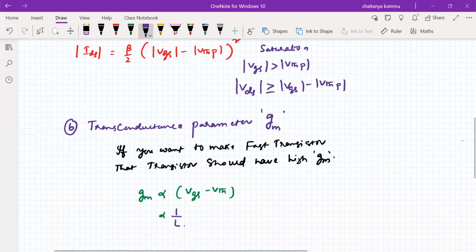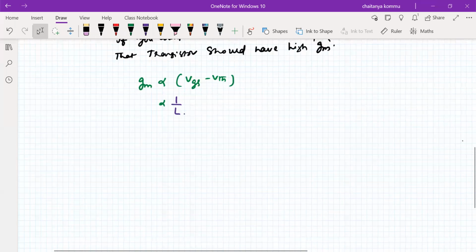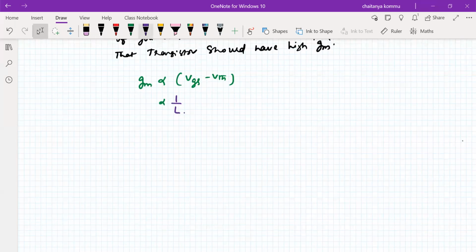Now, today let us consider a very important topic: the figure of merit of the MOSFET. What do you mean by this?